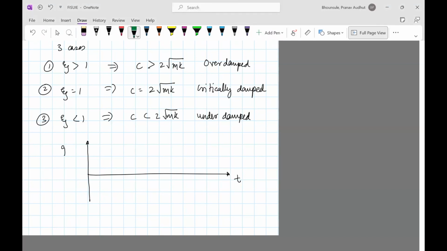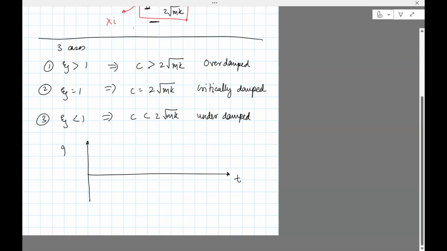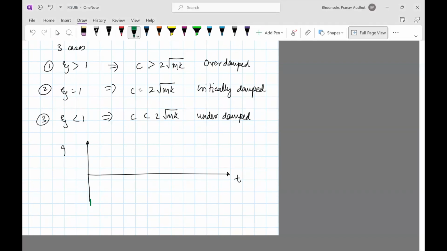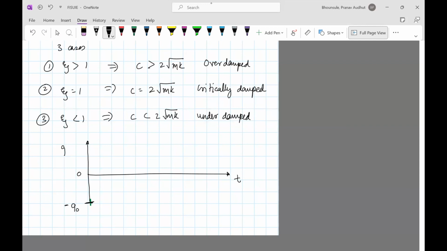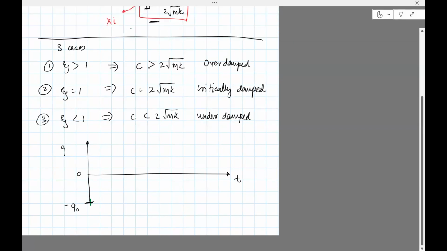In all cases, I'm going to start the system with some initial q0. In this case, since q0 is negative, you're actually compressing it and then letting it go. When you let it go, depending on the damping constant psi, you'll have three responses. The first one is the overdamped one, psi greater than 1.